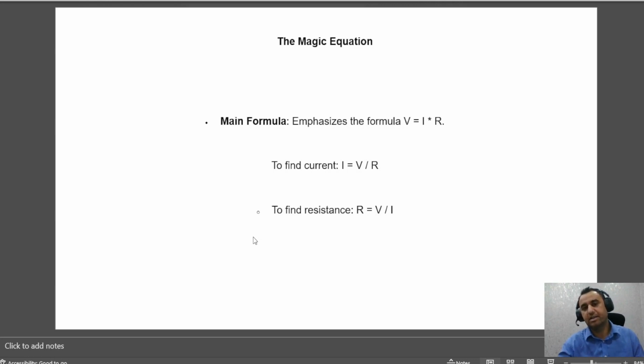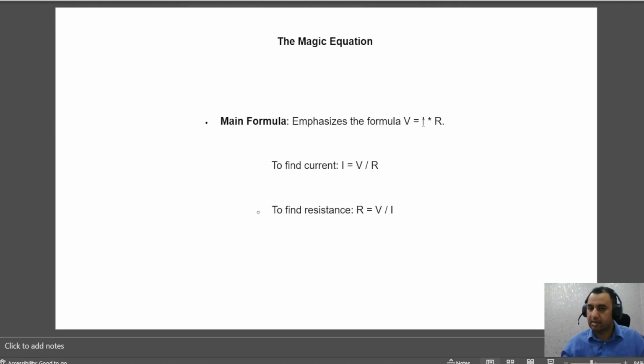The magic equation, the formula here is again, as I said previously, voltage equals current times resistance. If we don't know the voltage, but we know the circuit resistance value and the current value, we can easily get the voltage by multiplying these two.